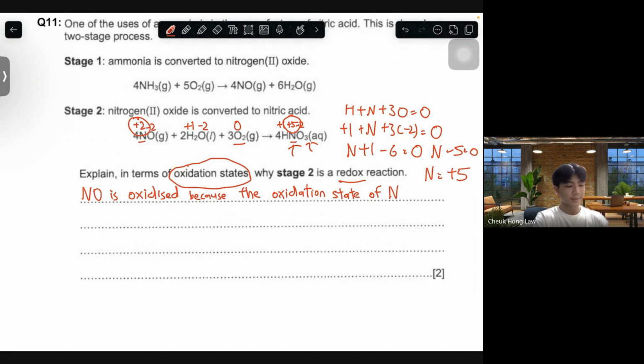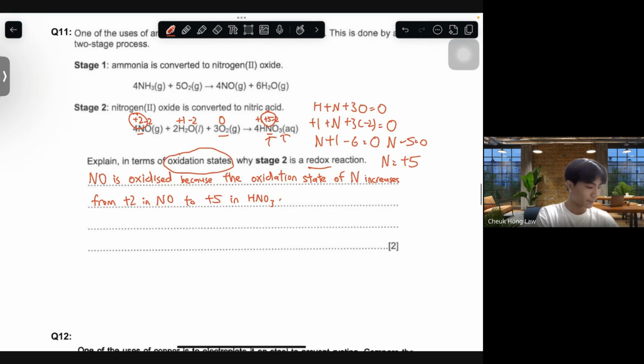The oxidation state of N increases from +2. And where is the +2 from? It's from NO. And it increases to +5 in HNO3. Notice how at first I state the oxidation state, which is +2. Then after that, I mention where the +2 came from. The +2 is from NO, and then the +5 is from HNO3. And that is a simple explanation that you need.